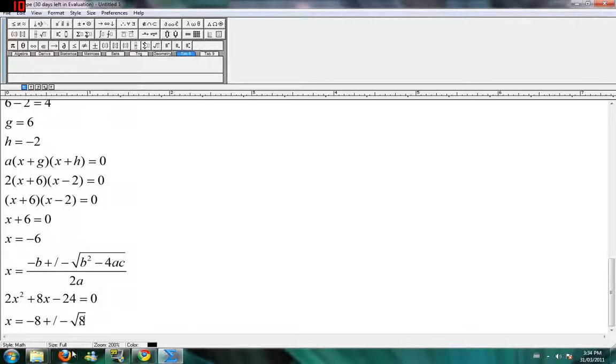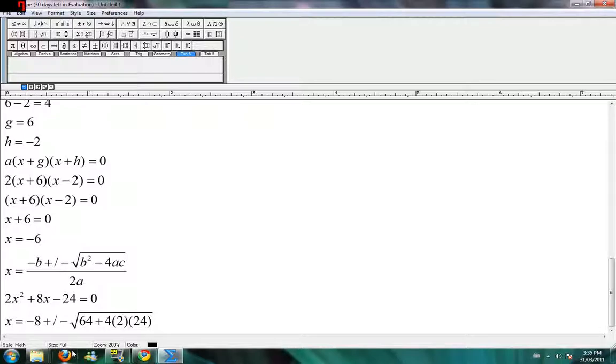square root of 8 squared, which is 64, minus 4 times 2 times negative 24. We know when we multiply two negative numbers, we get a positive number, so we can remove that negative sign and change that one into a positive.